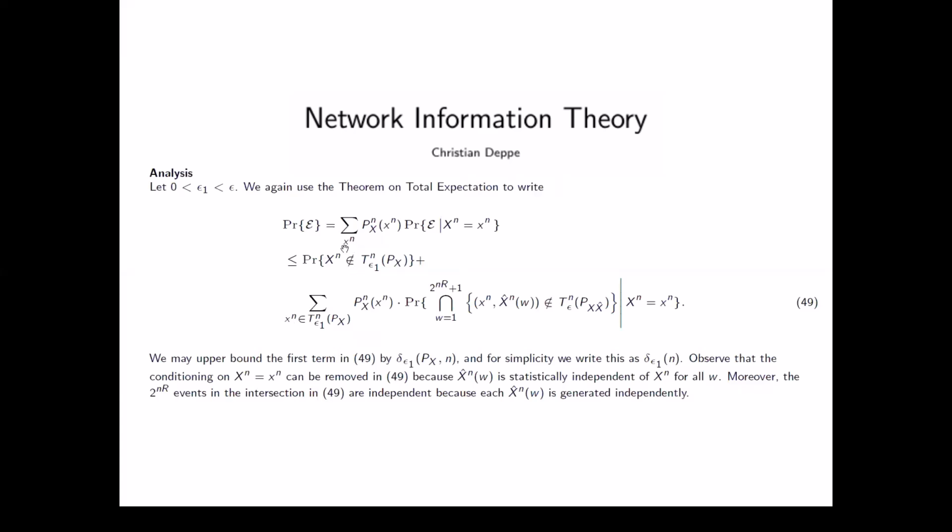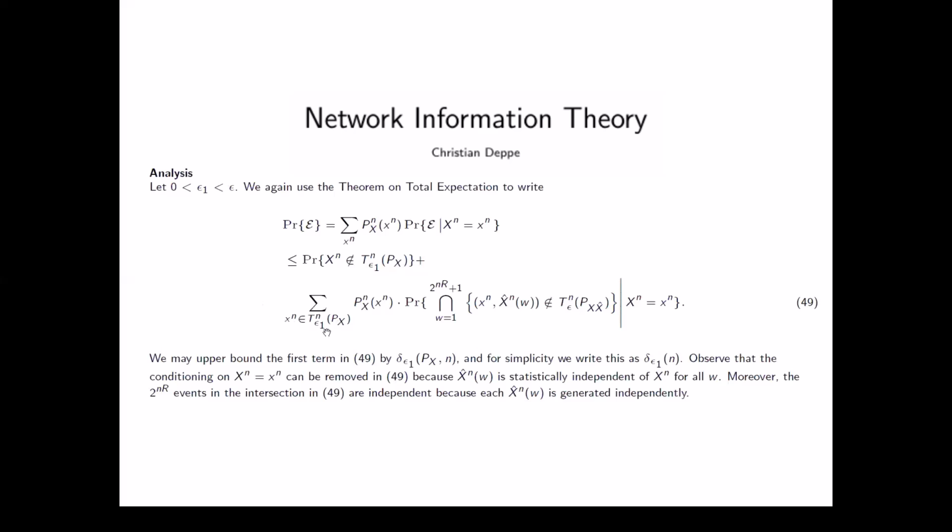The first part of the sum can be estimated by this probability here. By the properties we have of typical sequences, this can be estimated by delta epsilon 1 of p x and n, and we know that this goes to 0 if n goes to infinity. So with this part, everything is fine. So we have to look at the second part of the sum.